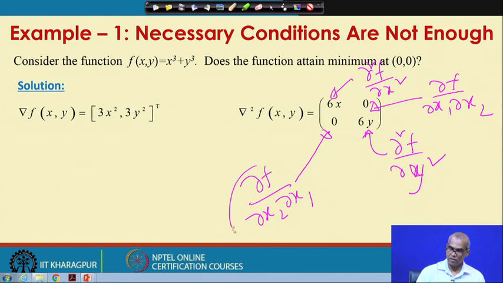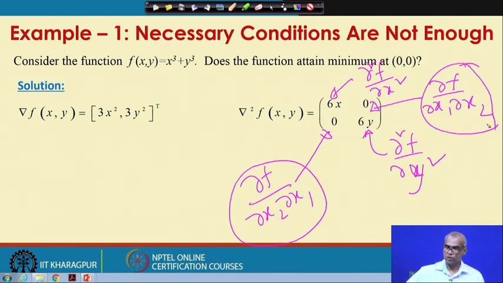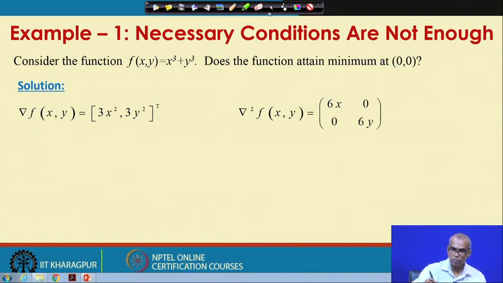Note that this and this are the same, both are 0. So, the Hessian matrix is [6x 0; 0 6y].